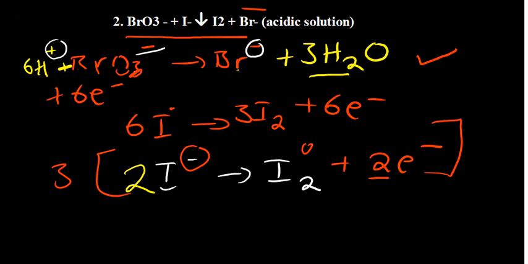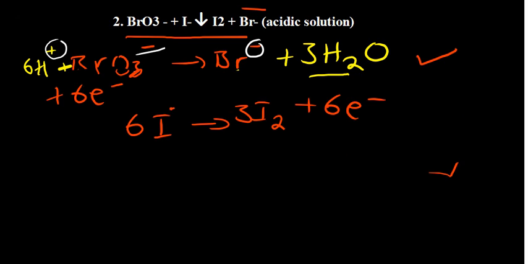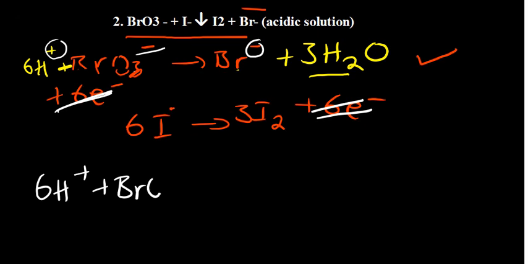It's now a matter of combining these two equations to come up with the overall balanced chemical equation. So let's cancel out the electrons. Do we have anything else in common? We don't. So the equation is going to be 6 hydrogen ions plus bromate, or 3, these have come from there. What else do we have? We have 6 iodide from the second half reaction.